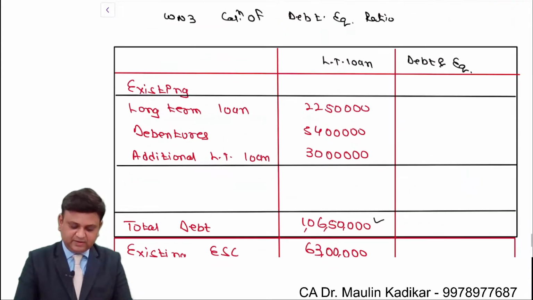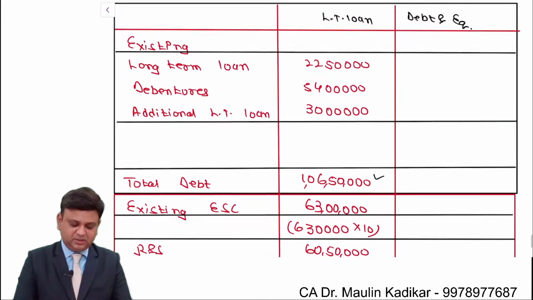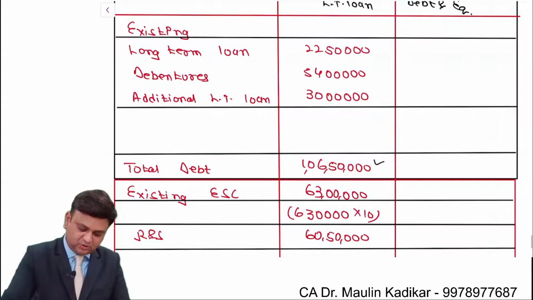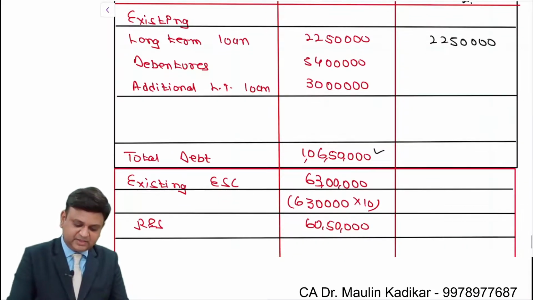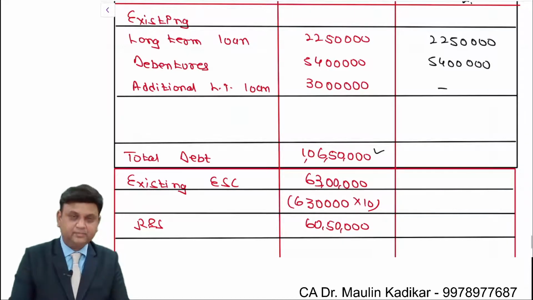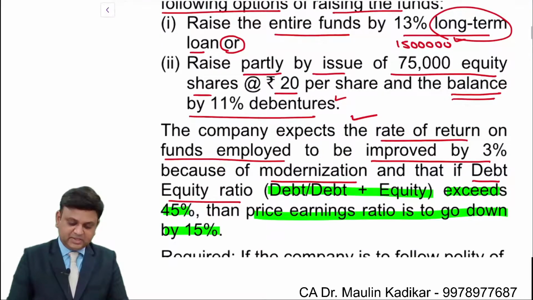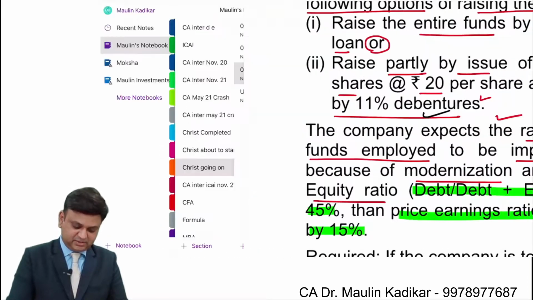Now in case of the debt and equity combination, the existing long-term loan is going to remain the same, 22 lakh 50,000. Existing debentures will remain the same, 54 lakhs. There is no additional long-term loan. Instead of that, there will be debentures.